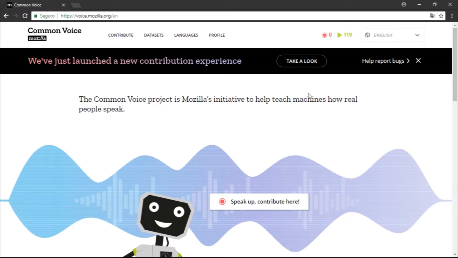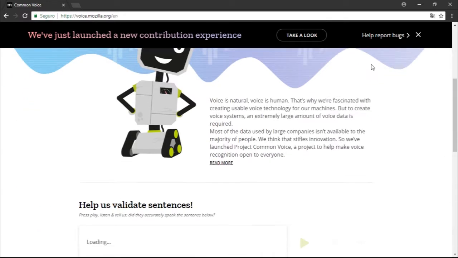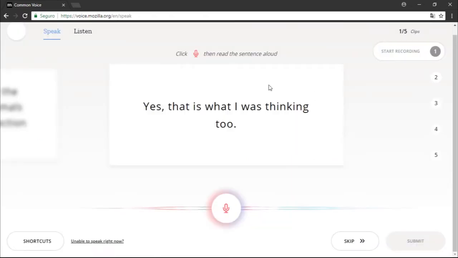So you just click right here, speak up. And there's this sentence. Because I'm not a native speaker, maybe I'm not the best person to do this, but I've read that they need worldwide speech because they want to build a speech model which is able to recognize English from various people, not only native speakers, which is a good thing.